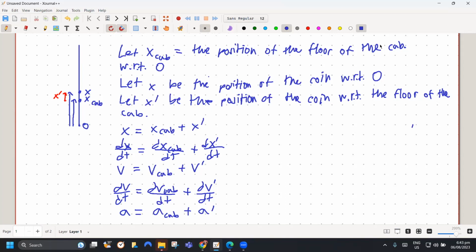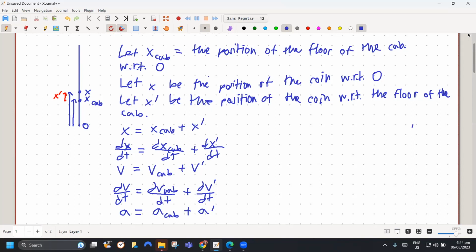So what is the acceleration of the cab? Substitute the values.